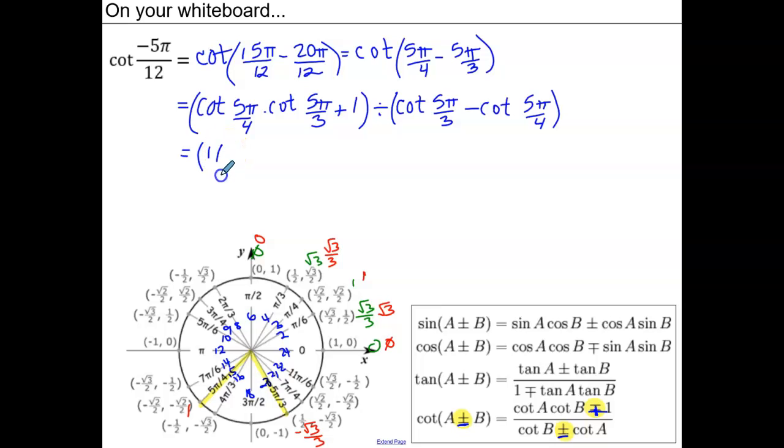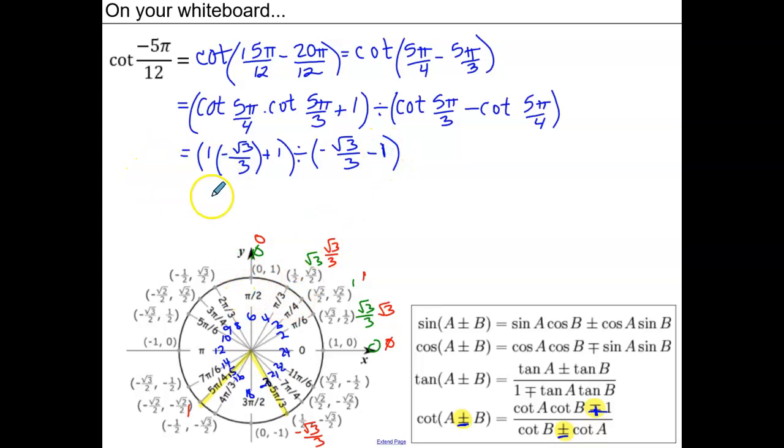Then that's times the cotangent of 5 pi over 3, negative root 3 over 3, and then plus 1. That's divided by the cotangent of 5 pi over 3, which is negative root 3 over 3, minus the cotangent of 5 pi over 4, which is 1.